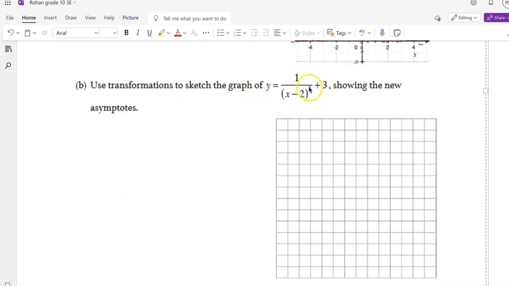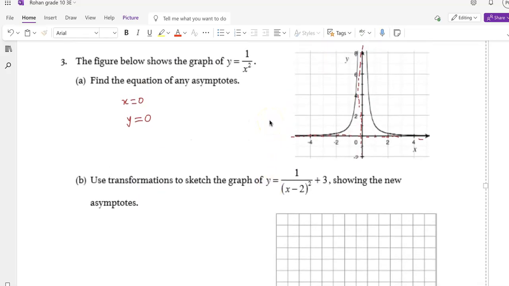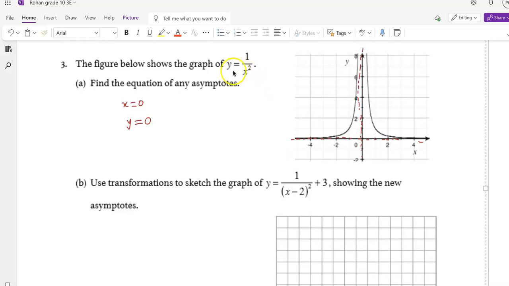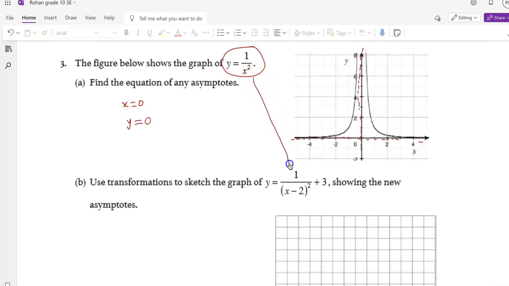Use the transformation to sketch this graph, showing the new asymptotes. If we compare this with this, how will you get this?